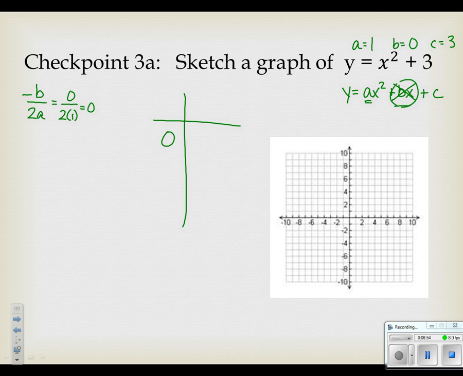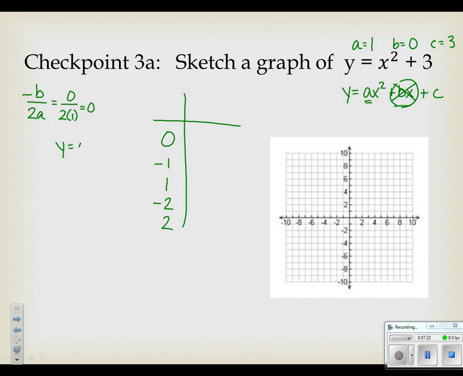I want 0. Now, this is going to be one of those parabolas. If the vertex is 0, that means the other values are going to surround 0. So I'm going to choose numbers that surround 0. Negative 1 and positive 1 should mirror each other. Negative 2 and positive 2 should mirror each other. Okay, so let's find out our values at those points.